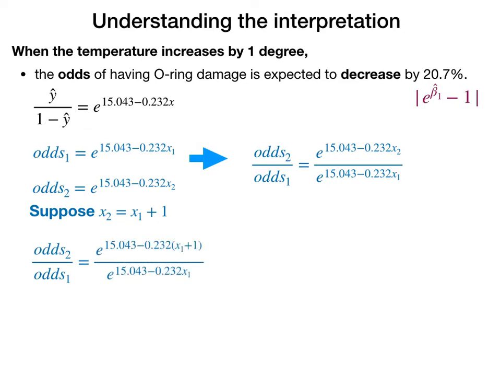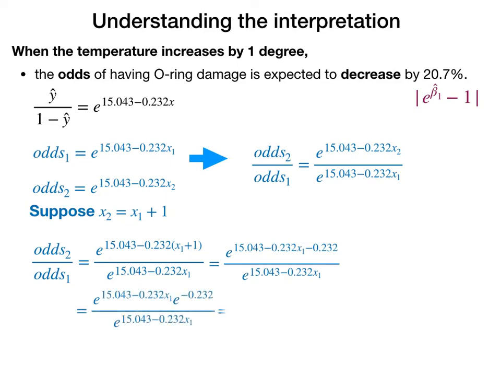We replace x2 with x1 plus 1, and then we could cancel out certain values. And eventually, we get e raised to the power of minus 0.232. And remember, minus 0.232 is beta 1 hat. And this is equal to 0.79.